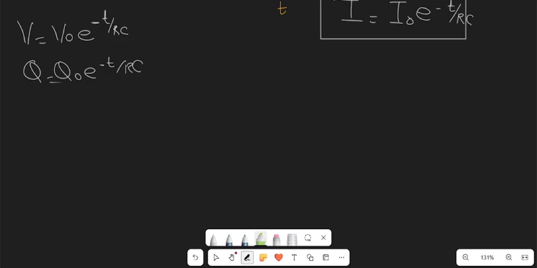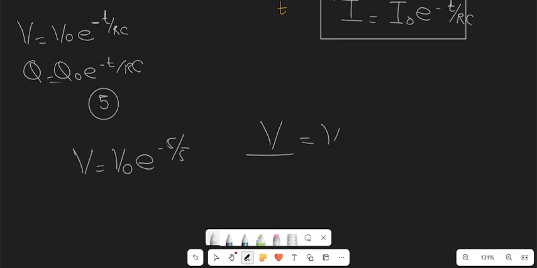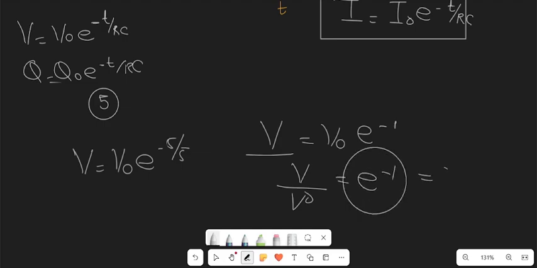Let's say you take the time constant as 5, so RC is 5. Then V equals V naught e raised to the power minus 5 over 5, and I get V equals V naught e raised to the power minus 1. Now if you bring V over V naught and calculate e raised to the power minus 1, you get 0.368.